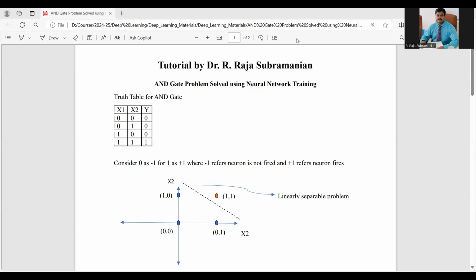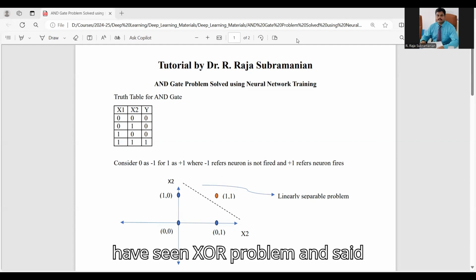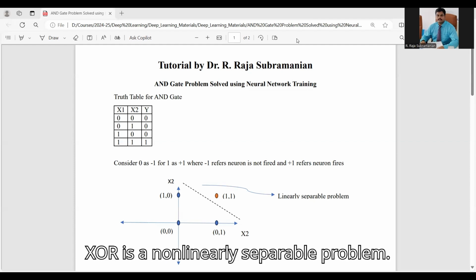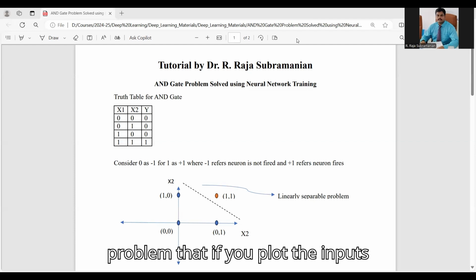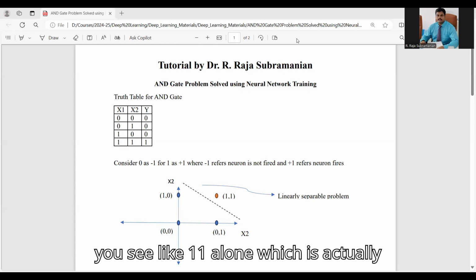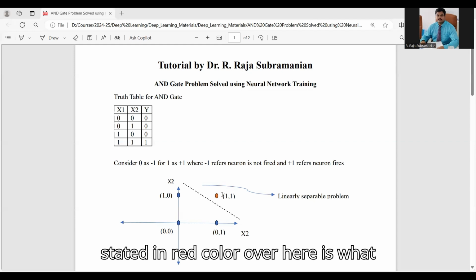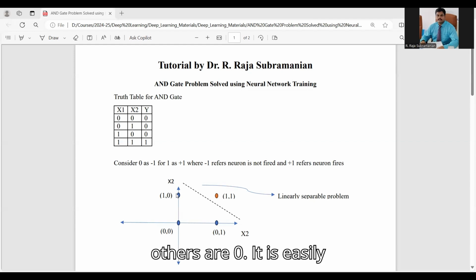And to be more clear, in one of our previous videos, we have seen the XOR problem and said XOR is a non-linearly separable problem. But the AND gate is not such a complex problem. If you plot the inputs of the AND gate, like 0, 0, 0, 1, 1, 0 and 1, 1, you see 1, 1 alone, which is stated in red color over here, represents the output 1, but all others are 0.